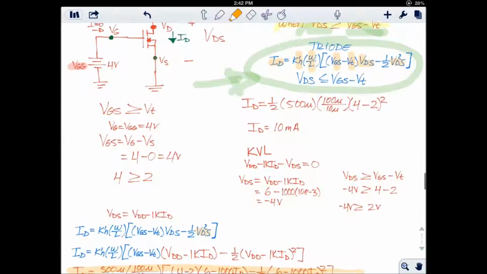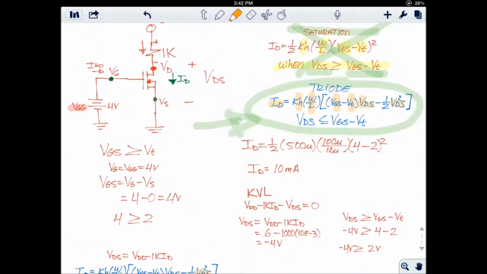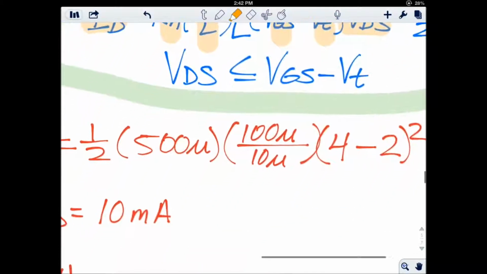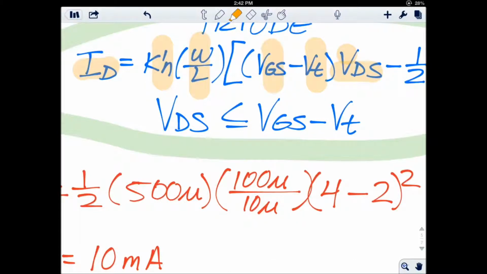Remember that for us to be in saturation mode, this equation has to be true.